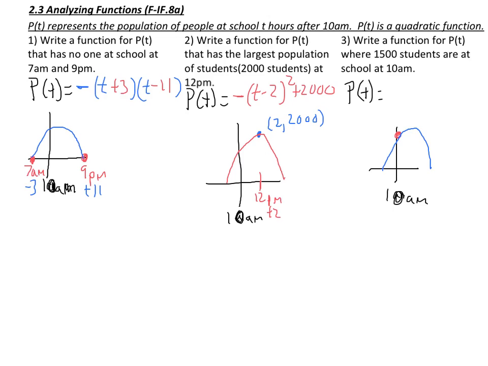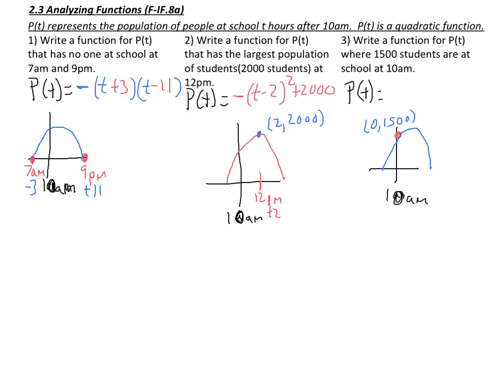I don't know. But what I want to do is create an equation that could go through that point. So the best option is standard form. Now I'm going to label that point as (0, 1,500). That is the only point I know about this parabola. I do know it's upside down just because it wouldn't make sense to be a happy parabola.